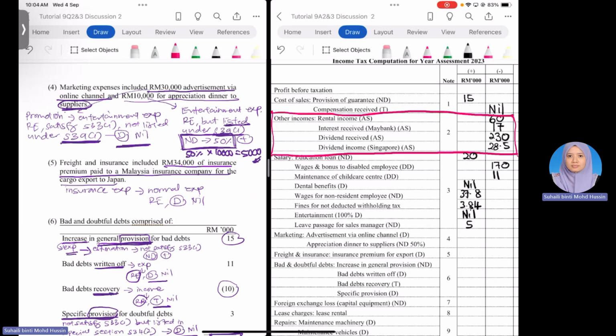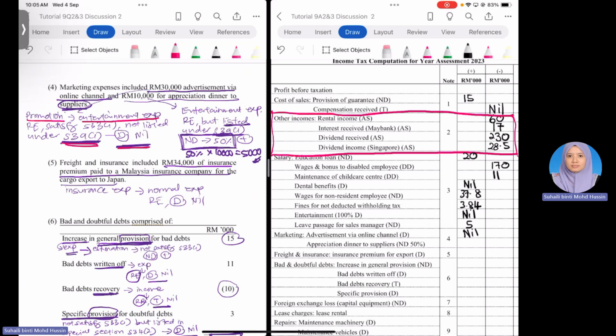For the 30,000 ringgit advertisement via online channel, this is part of promotion cost, which satisfies section 33 subsection 1 and is not listed under prohibited deduction section 39 subsection 1. So 100% of the amount is allowed for deduction. For this item, no issue. There is no further adjustment needed, so we just record nil.